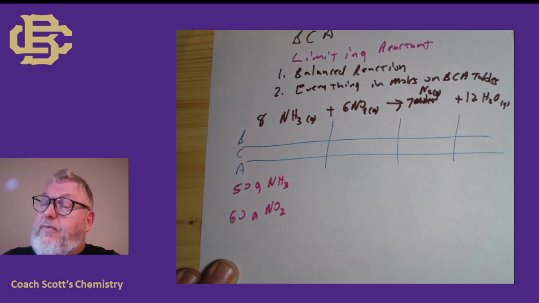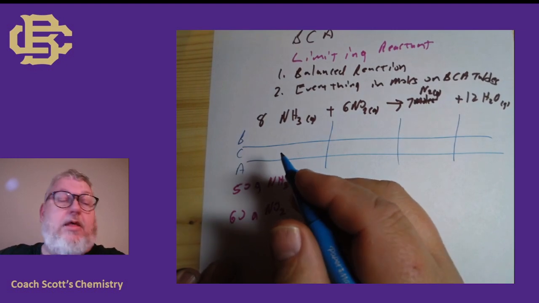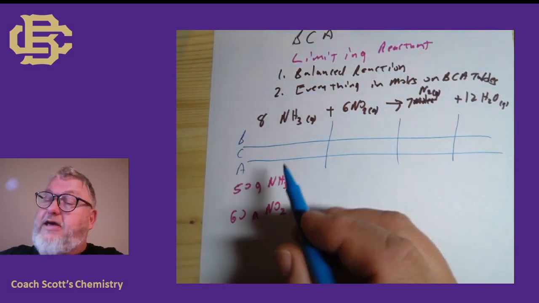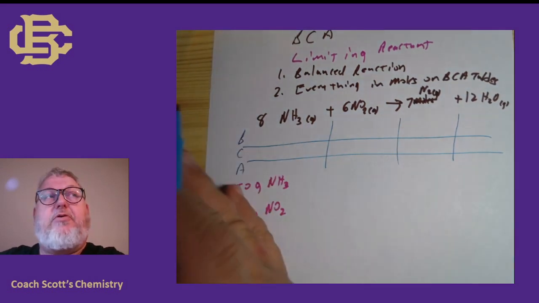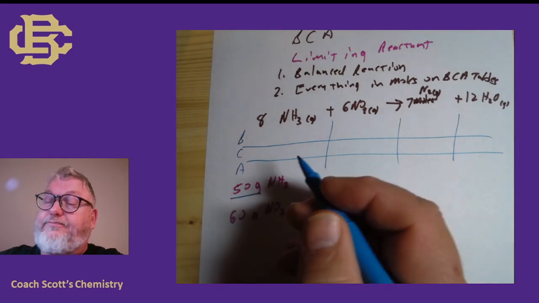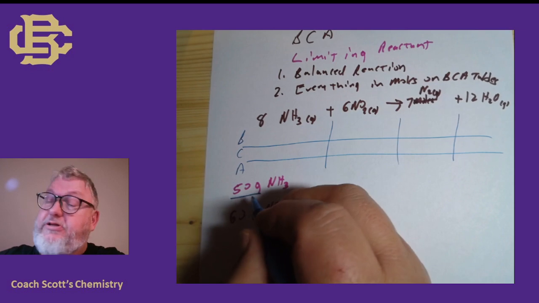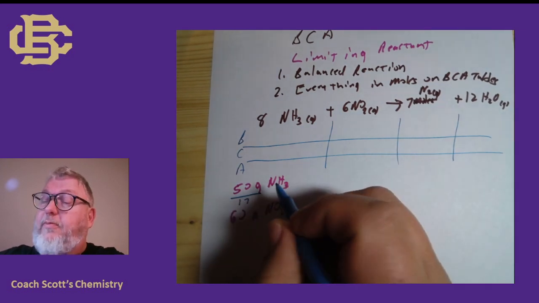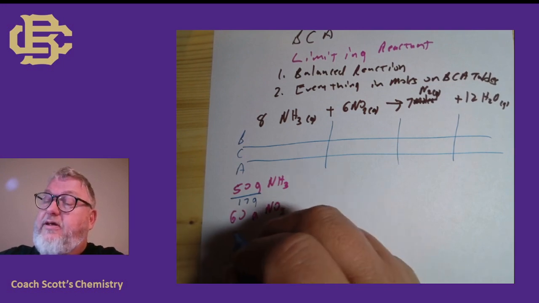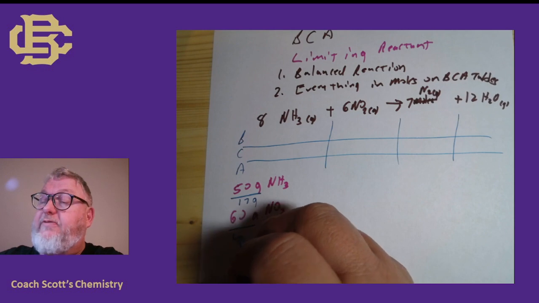Okay. So this gave me 50 grams, and this is on the left-hand side. So I've got to get it into moles. Remember, number 2, everything has to be in moles. If I'm given grams on the left-hand side, then I have to divide by whatever factor gets me into moles. In this instance, we divide by the molar mass. The molar mass of NH3, we'll use 17, and the molar mass of NO2 happens to be 46.